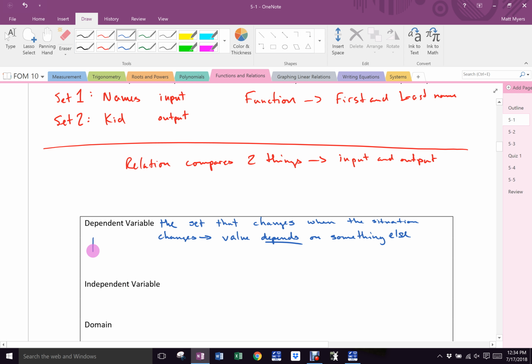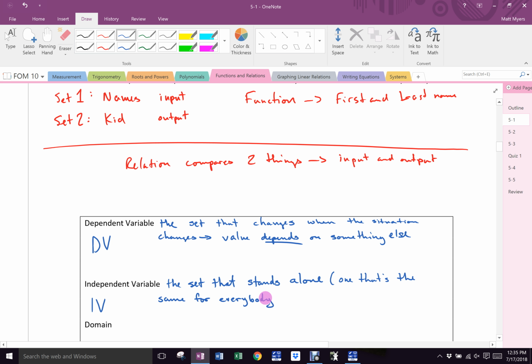I like to abbreviate that as DV. The independent variable is obviously IV. Now, the independent variable is the set that stands alone. I like to remember it as the one that's the same for everybody.